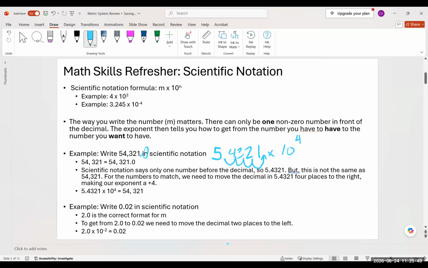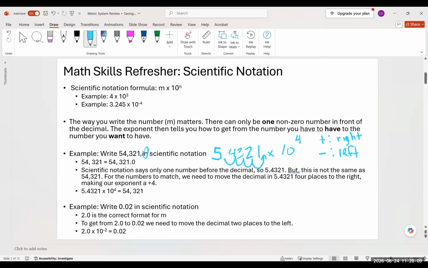Now, to determine if the exponent should be positive or negative, that depends on the direction. The exponent is going to be positive if we moved our decimal to the right. The exponent is negative if we had to move our decimal to the left.